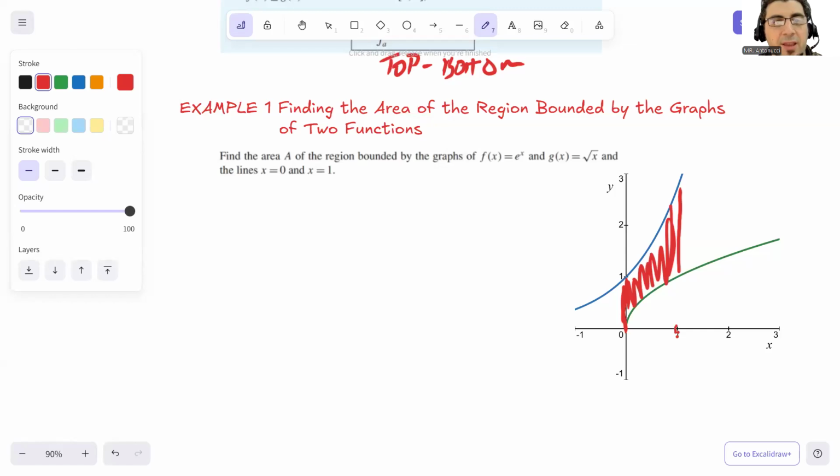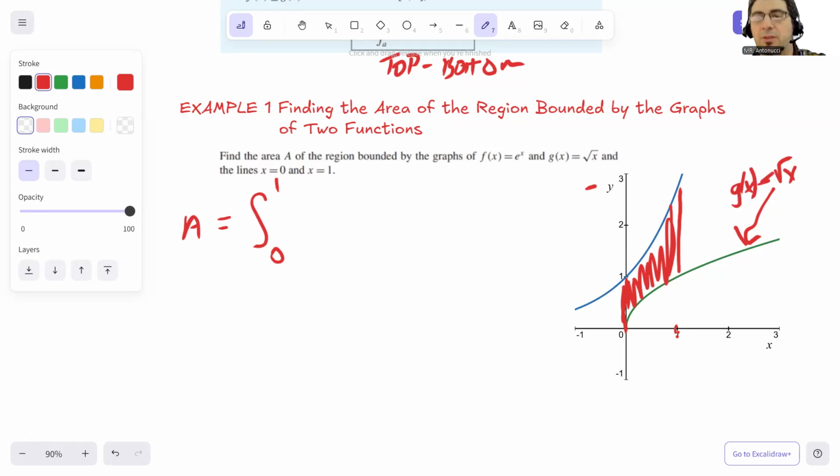So to get the area, we need the integral from 0 to 1 of the top function minus the bottom function. Well, this function right here is obviously the bottom function, so that's square root of x, or g of x. And then this is the top function, which is f of x. So if we go top minus bottom, we would have the integral of e to the x minus square root of x dx.